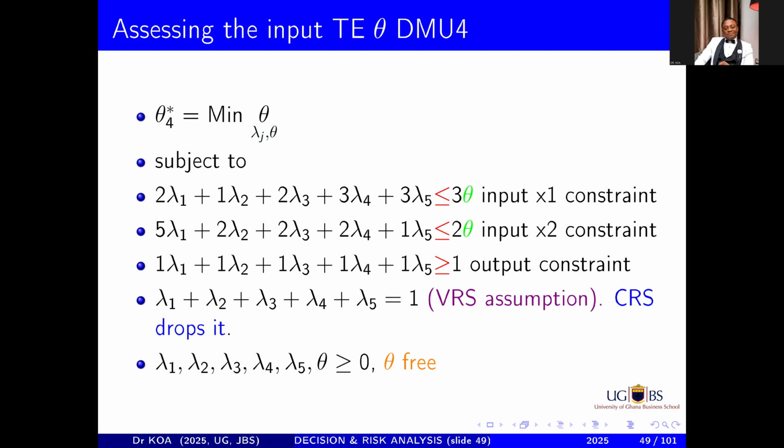And the understanding was that there will likely be some inefficiencies in the output constraints, unless it is equal to. Then to do the VRS assumption, we equate the sum of all the weights, lambda 1 plus lambda 2 plus lambda 3 plus lambda 4 plus lambda 5, to 1. Then we put the non-negativity constraint. Yeah, that's how I understood it.